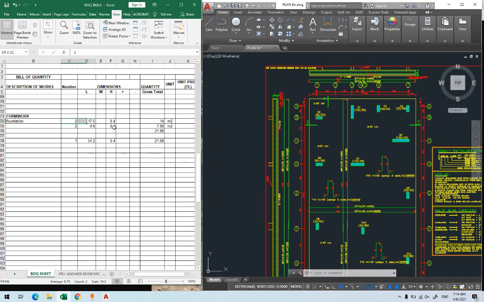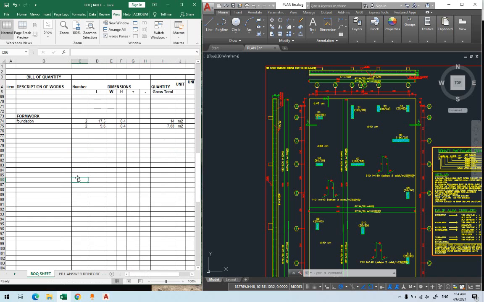So whether you do the 2 to separate them, or you can add them together as total length and then calculate the total at once. Whichever you prefer, it doesn't matter. But the idea is what? To know exactly where we have the formwork.